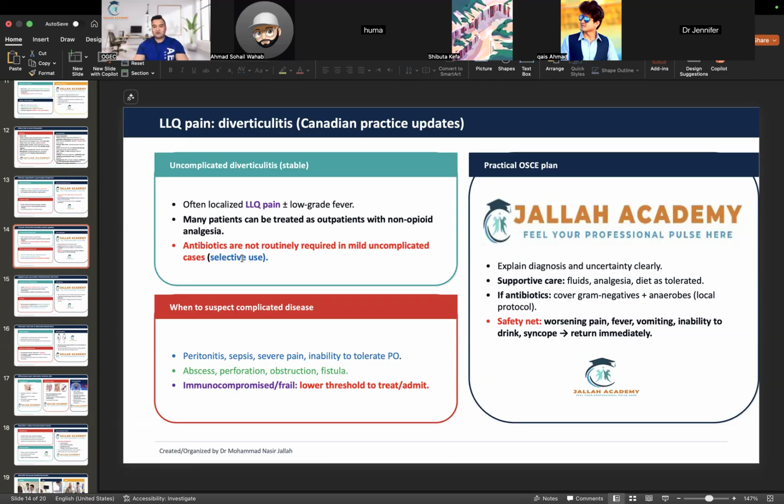The reason they get it wrong is that they offer antibiotics for everybody, and I don't blame them, because I'm speaking for myself: in Afghanistan, if you have left lower quadrant pain, they just start the antibiotic. But here we don't start it unless it is required, even if the patient is treated as an outpatient. Good thing that I remember.